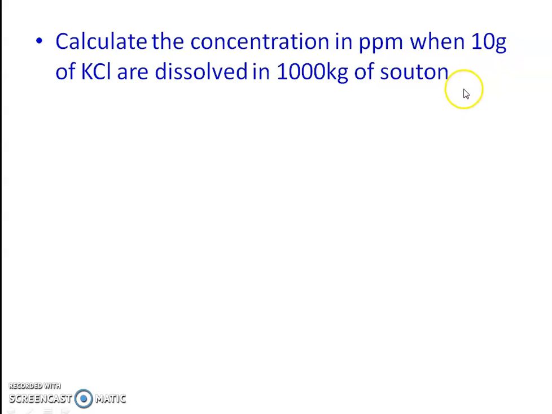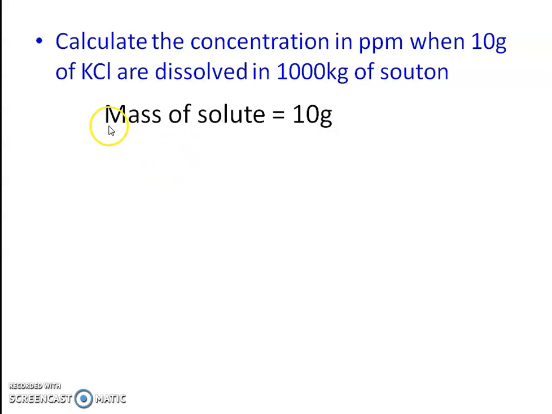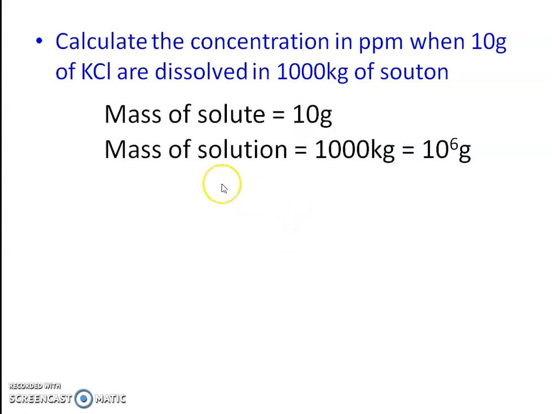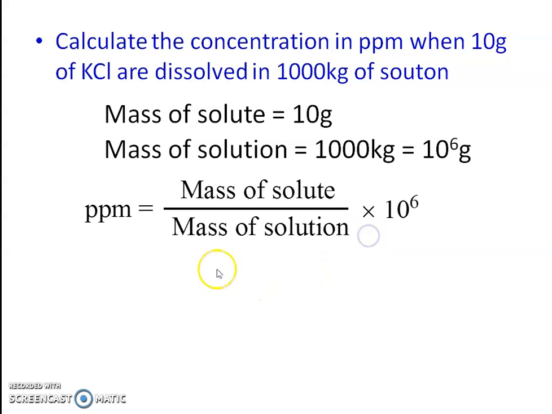The weight of solute is 10 gram, and it is dissolved in 1000 kilogram of solution. So the mass of solute is 10 gram and the mass of solution is 1000 kilogram. Actually it is equal to 10⁶ gram.